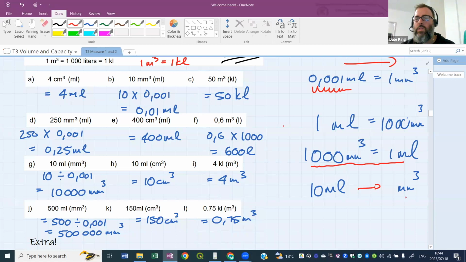I want to go to millimeters cubed here. Well, 1 milliliter is 1,000 millimeters cubed. So I'm going to times, because every 1 milliliter I have is 1,000 of them. Well, I've got 10 milliliters. So I need 10 times 1,000 of them, because 1 is 1,000. So 10 is 10 times that 1,000. And if it's going the other way, I would have to chop it up.